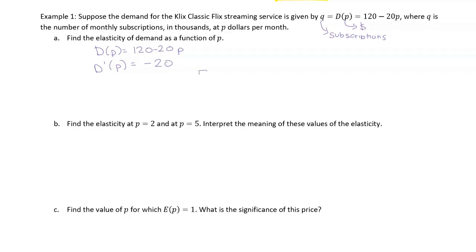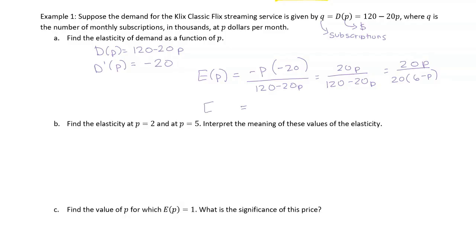And now I can put that all together and find my elasticity to be negative P times the derivative, which is negative 20, all over D of P. So this will be 20P over 120 minus 20P. Then I can factor out the 20, and this equals P over 6 minus P. So that's our elasticity of demand.